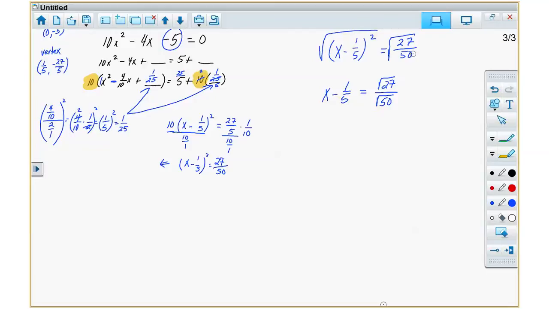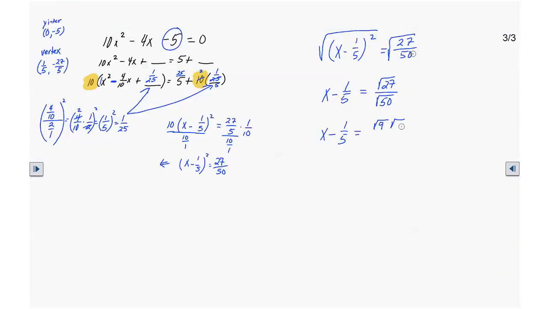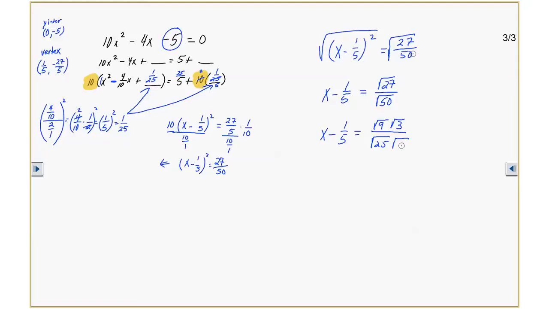Okay, so first of all, that square root of 50 can be broken up into what? Square root of 25 times square root of 2. That square root of 27 can be broken up also. Might as well break up what we can. That's going to be square root of 9 times square root of 3.